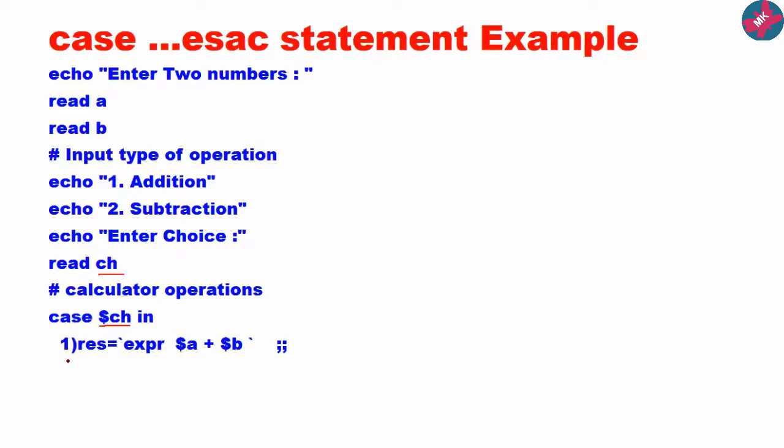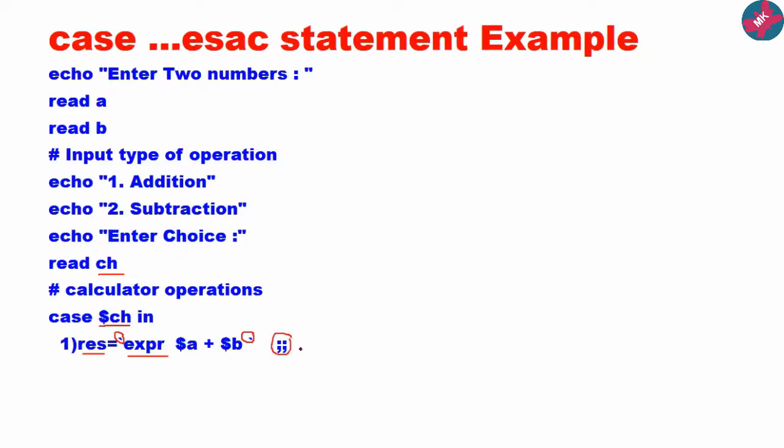Then I am going to put the result of his addition in one variable, and I am going to use the expr expression for doing the calculation of this addition. Note the backticks here. This expression will be evaluated and the result will be stored in my variable called res. And then this will be terminated by 2 semicolons.